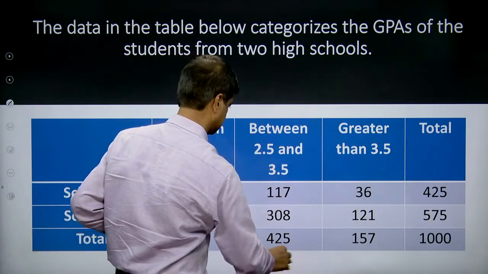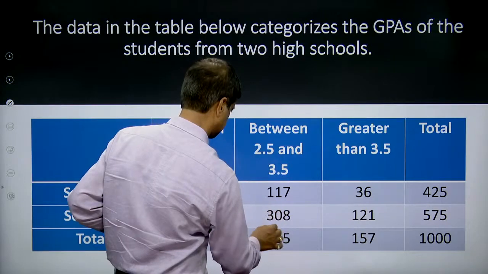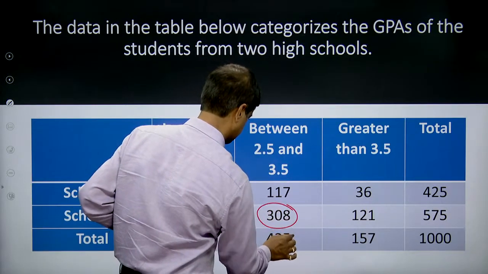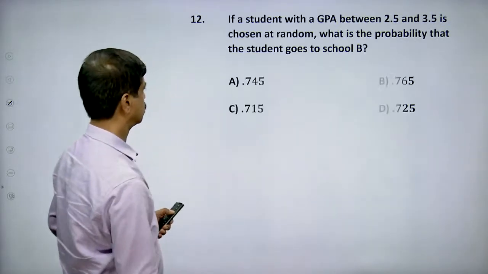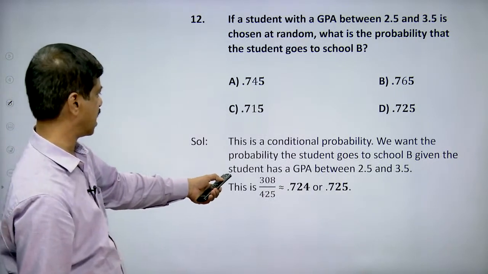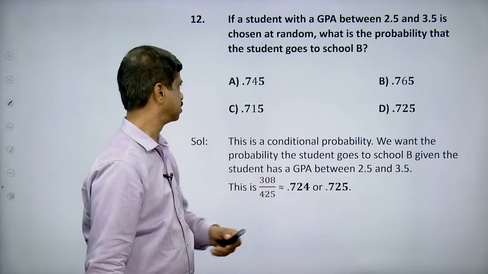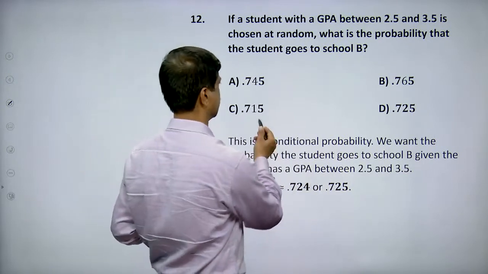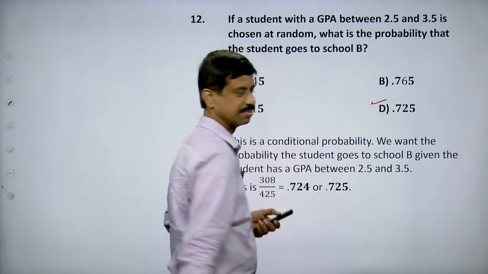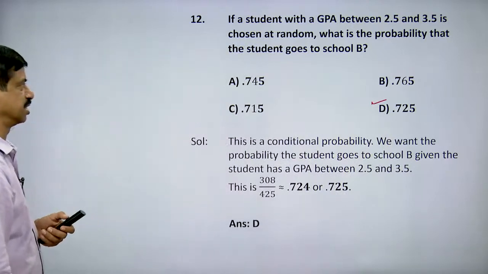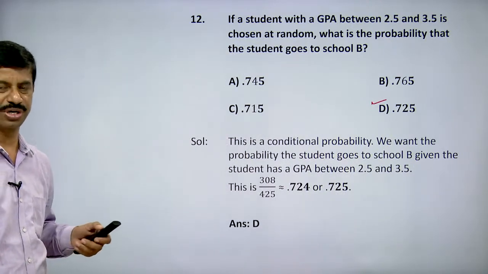School B 308. Total is 425. So if you go back, you will get the answer as 308 by 425. So the option is 0.724 or 0.725, because the nearest value we have is rounded up. That's all. Okay, children. Please note it fast. Go to the next question.